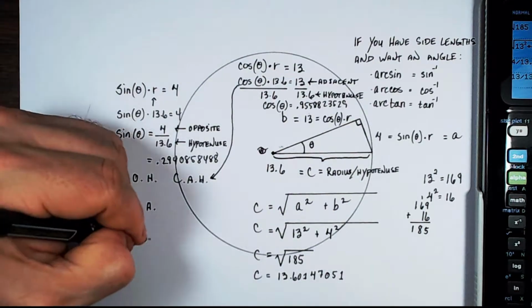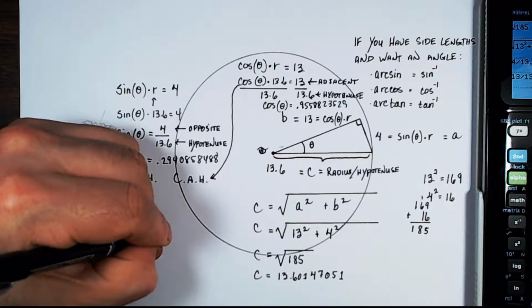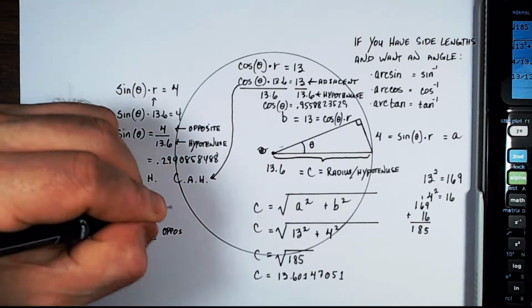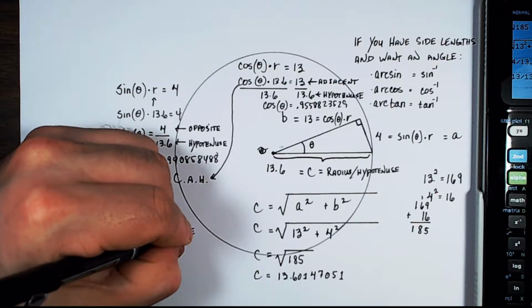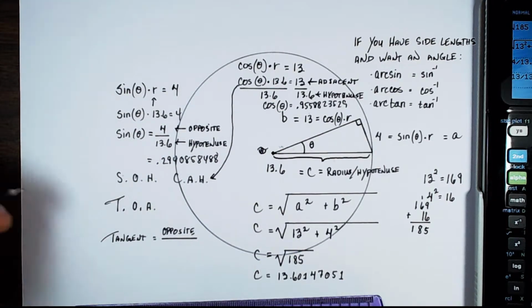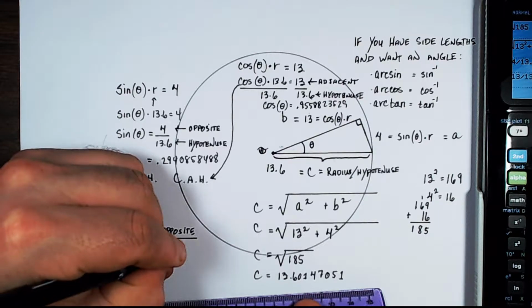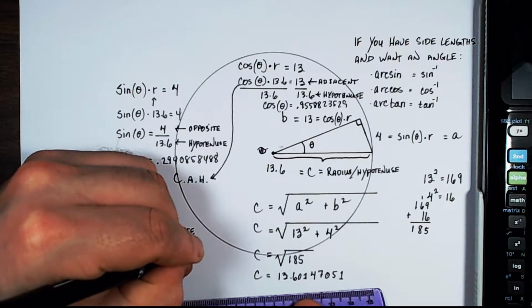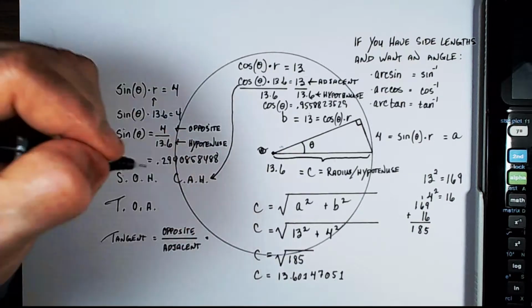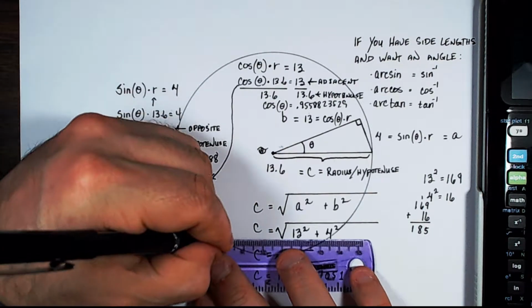It is the opposite side over the adjacent side. Another way of saying that is it's the sine divided by the cosine.